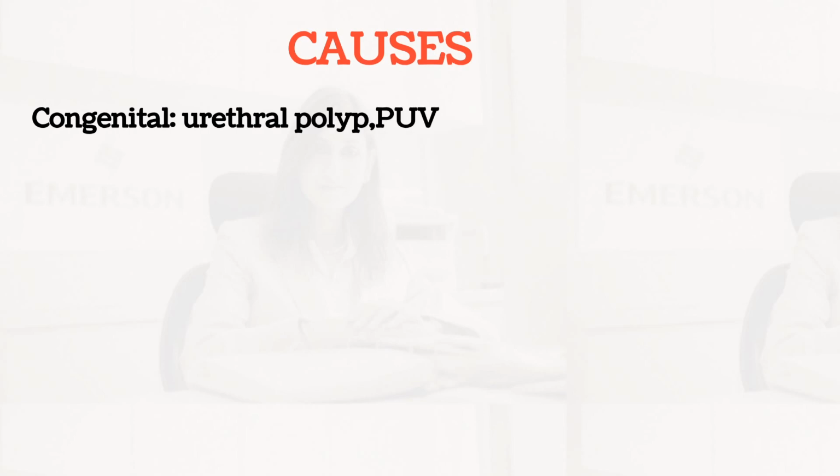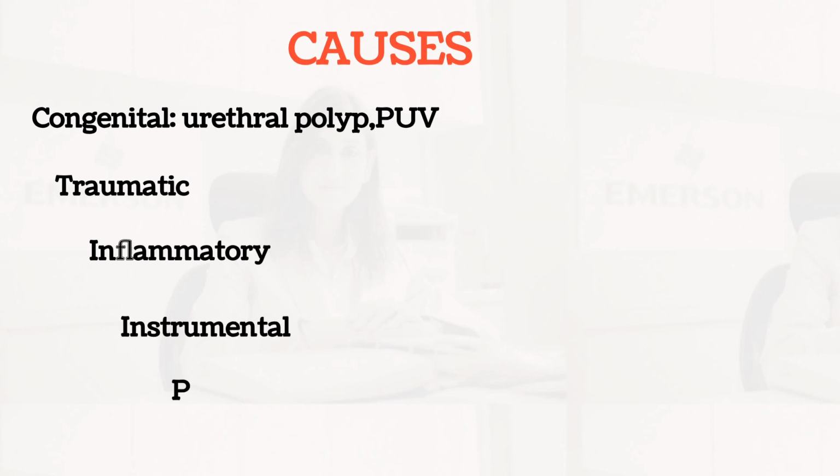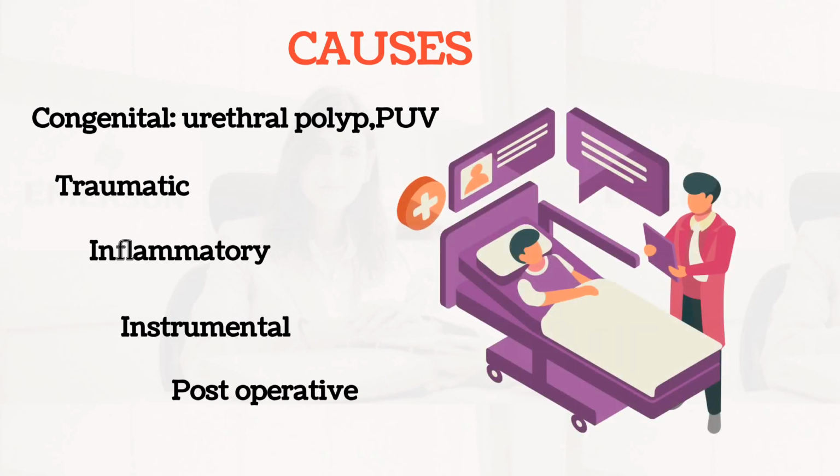Then under causes, we can have congenital causes, where we have urethral polyps and posterior urethral valves. We can have traumatic causes, so anything related to trauma which can cause someone to have a urethral stricture. And we can have inflammatory causes. We can have instrumental causes. We can also have post-operative causes, such as during surgery.